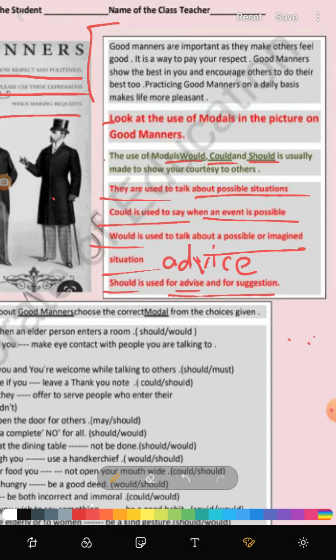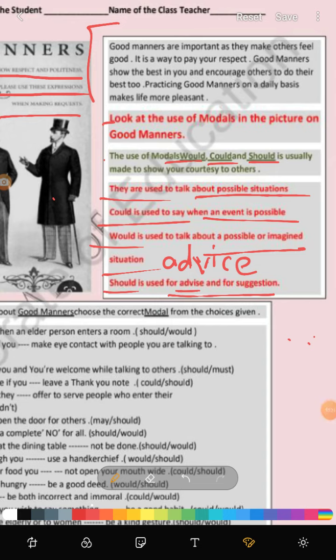Could is used to say when something is possible. Would is used for a possible or imagined situation, when you are imagining a situation. So for example, you say, could you bring my bag?